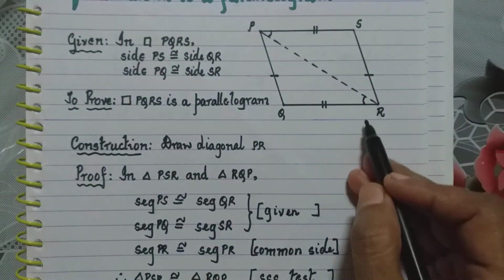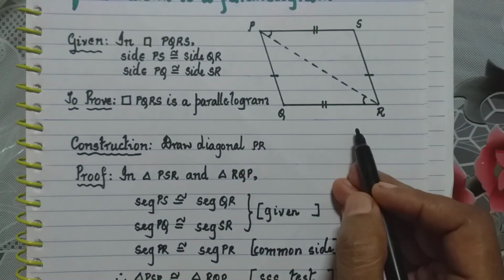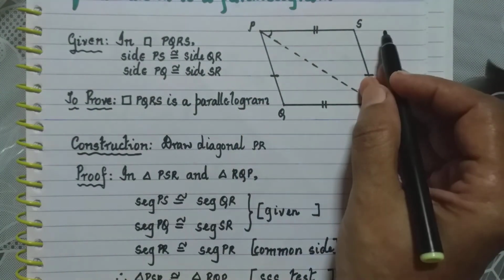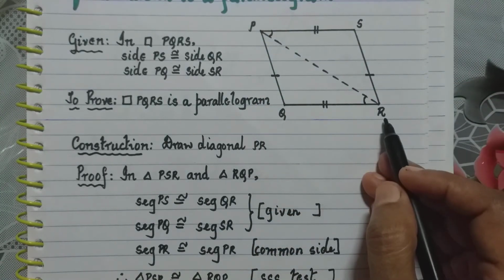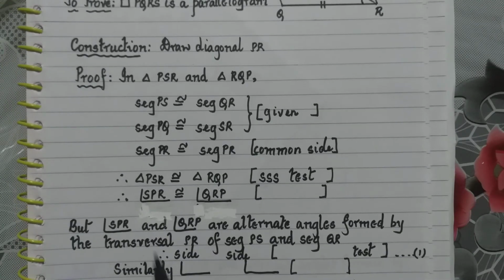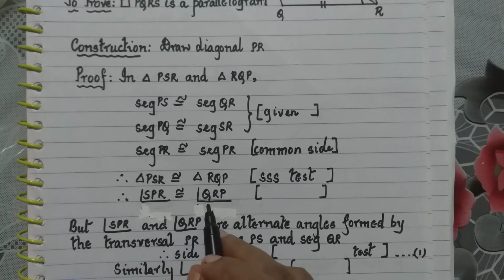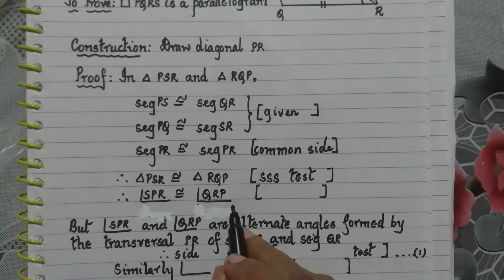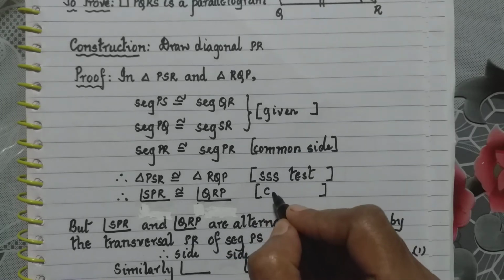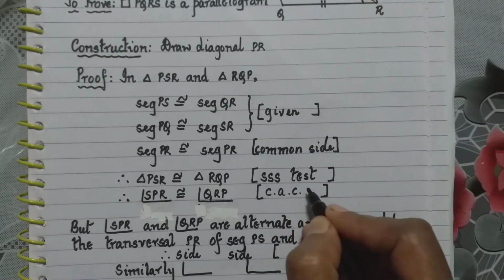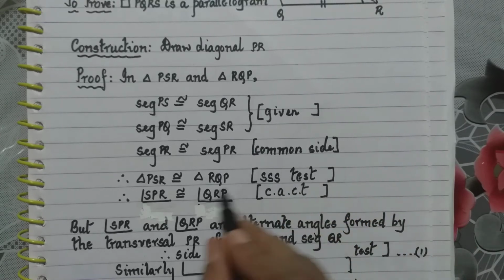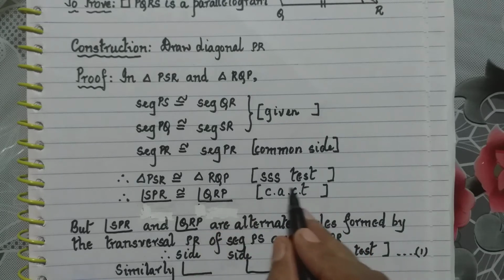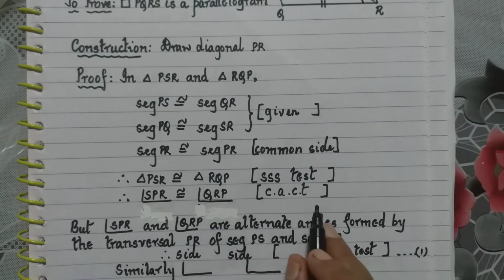So if they are alternate angles and they are congruent, then we can say that side PS is parallel to side QR. So that is what we say here now. Already we said angle SPR is congruent to angle QRP, that is by CACT. Why CACT? Once we say by any test of congruence the two triangles are congruent, then the pair of angles, if they are congruent, it is by CACT.